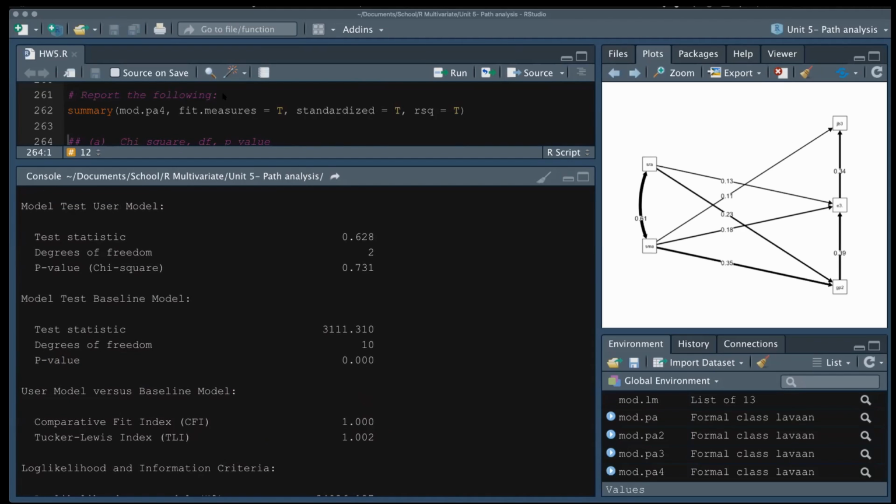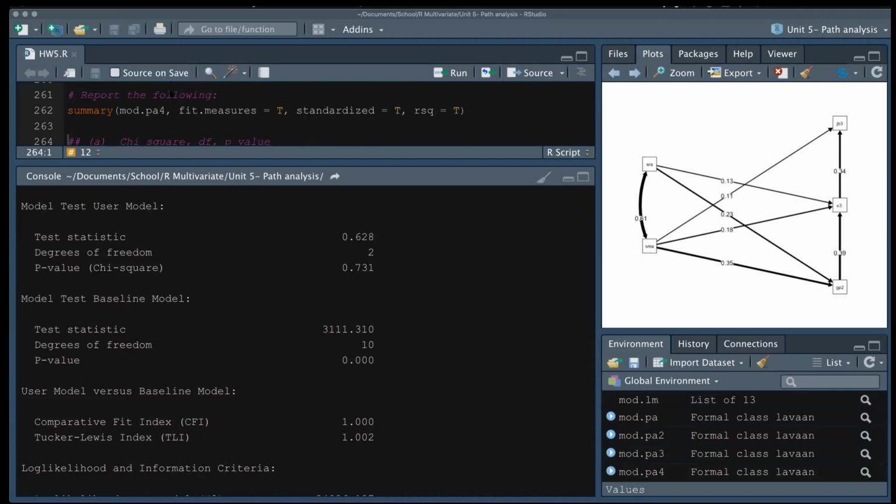We have a non-significant chi-square, and that's good because our question here is, are the data significantly different from the specified model?